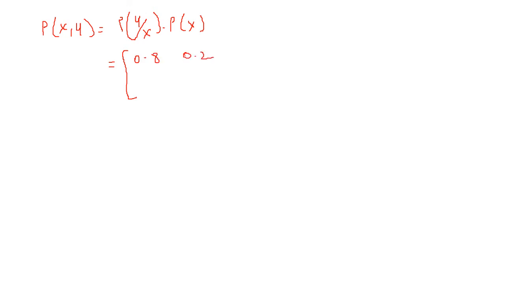Now we know the channel matrix. By the joint probability property, we can write P(X,Y) is nothing but P(Y/X) into P(X). That is, we are going to multiply the channel matrix, which is 0.8, 0.2, 0.3, 0.7, with the respective input probabilities, which are P(x1), P(x2).